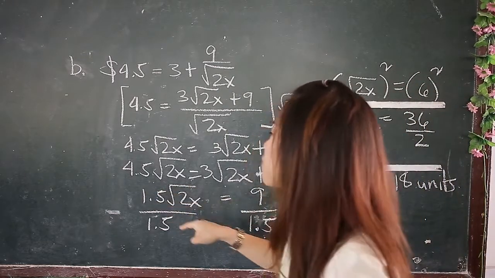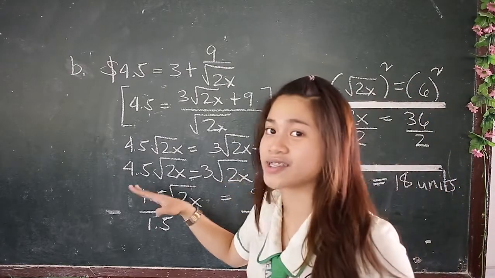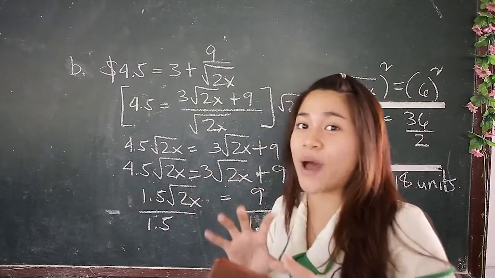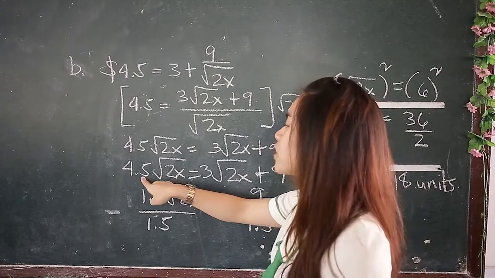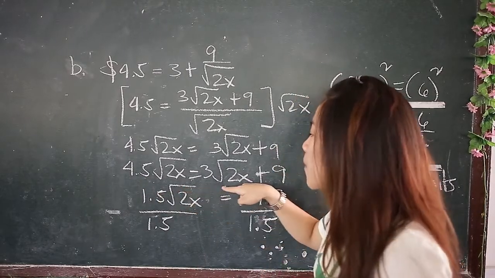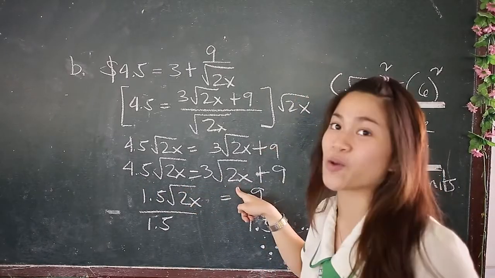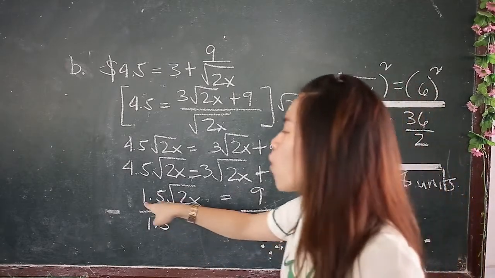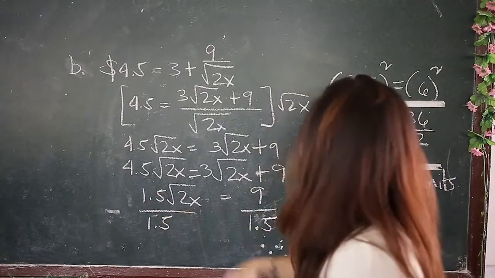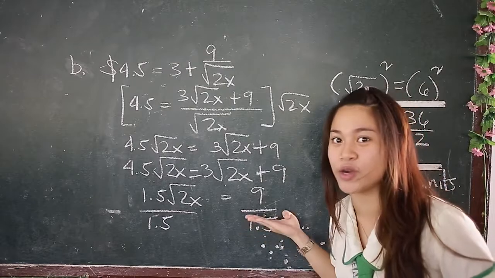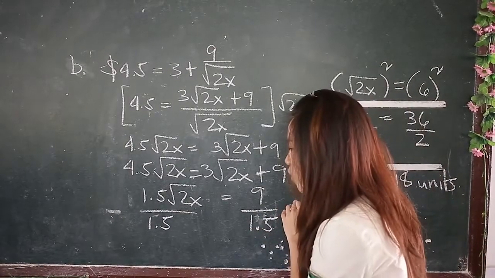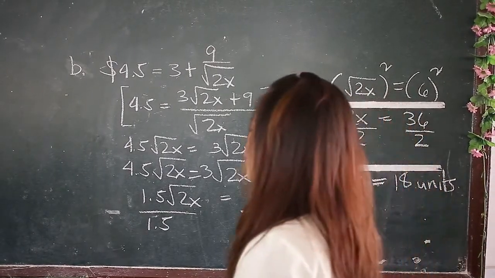So you're going to transpose 3 square root of 2x to the other side because we are going to combine like terms. So 4.5 square root of 2x minus 3 square root of 2x becomes 1.5 square root of 2x. And the 9 is the only one remaining on the other side.